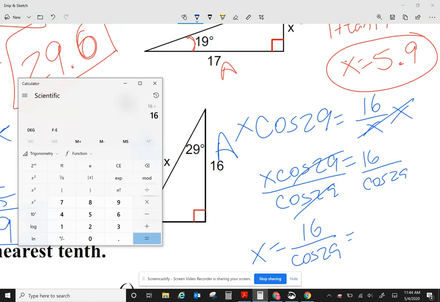I'm going to go 16 divided by cosine of 29 equals. You should be able to see on the screen exactly what you typed in. You see how I have 16 divided by cosine of 29. Ignore that little o because it's talking about degrees. So 16 divided by cosine of 29, rounded to one decimal place, I'm going to call this 18.3. The 9 pushes the 2, so 18.3.